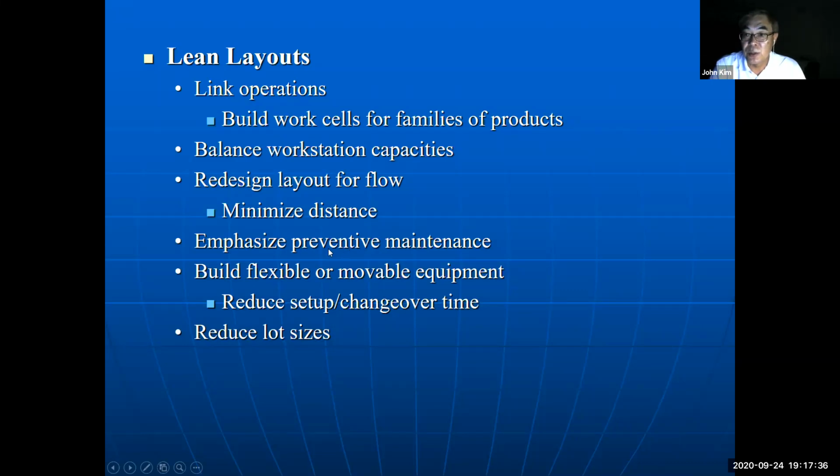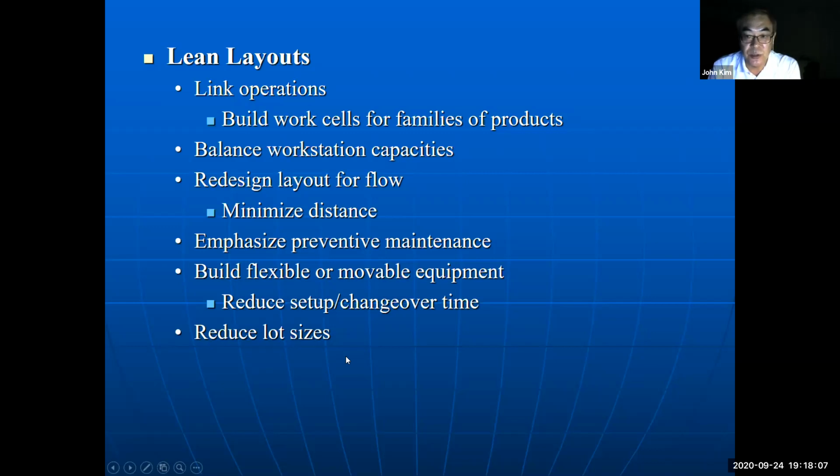And then use preventive maintenance to prevent wasted time from malfunction and so on. And then build flexible or movable equipment, so we can reduce setup or changeover time. And then reduce lot size.